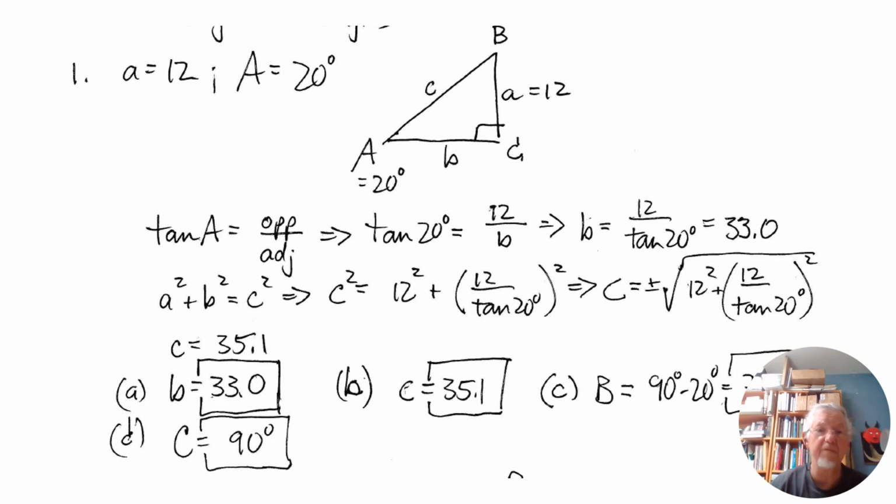So I have 35.1. And then finally, in a right triangle, the two acute angles add up to 90 degrees. So B is 90 degrees minus A. And I've been a little sloppy there, but there it is.